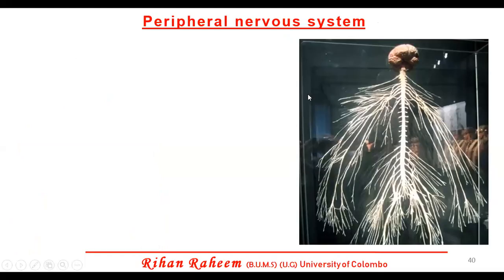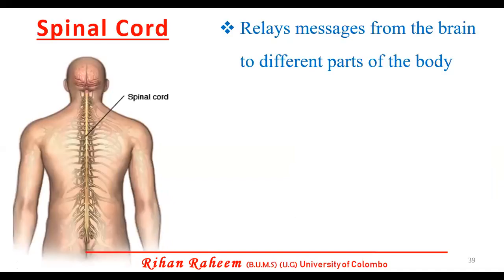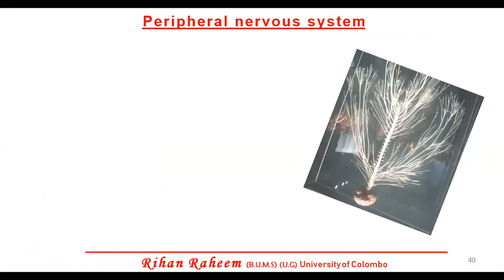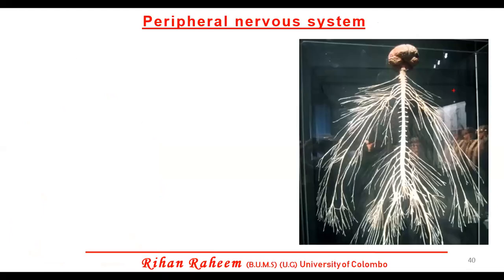Okay, now we have studied about the central nervous system, the brain, the spinal cord, the main parts of the brain, and the functions of the spinal cord. And now we are going to the peripheral nervous system. Peripheral nervous system means the things which are arising from the brain and the spinal cord, nothing special. Some students can't understand this. Don't worry. Look at this drawing.